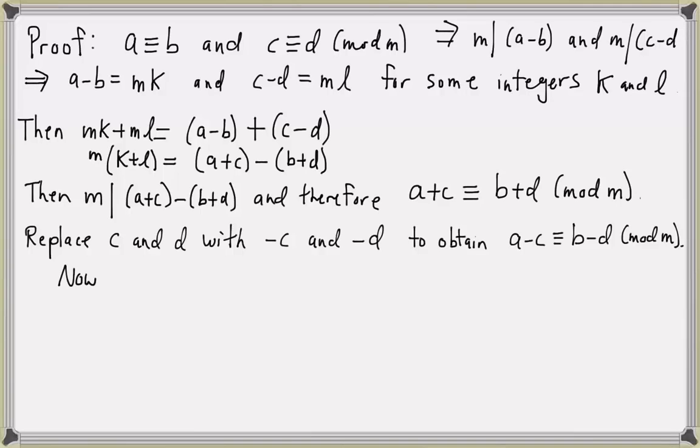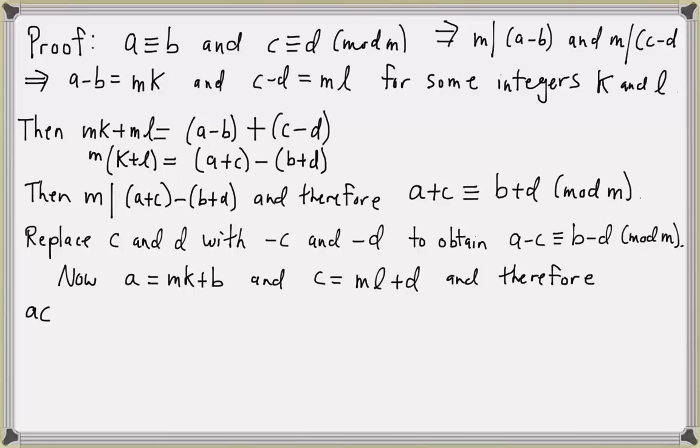Now A, which I can rearrange the expression above to give me A equals MK plus B, and C I can rewrite as ML plus D, and therefore when I multiply A times C, we see that AC will equal MK plus B times ML plus D. When I expand this, I'm going to have a term B times D plus a bunch of terms with a factor of M. So I have an M squared KL, plus MKD, and plus MBL.